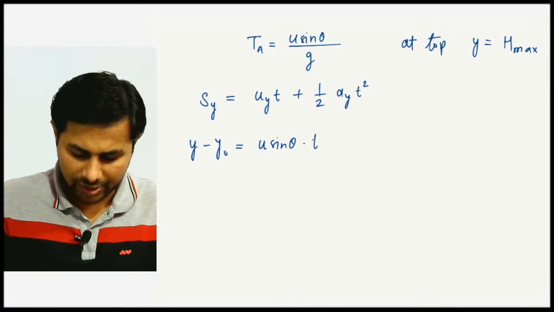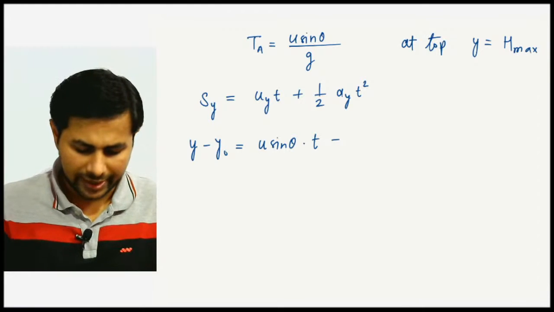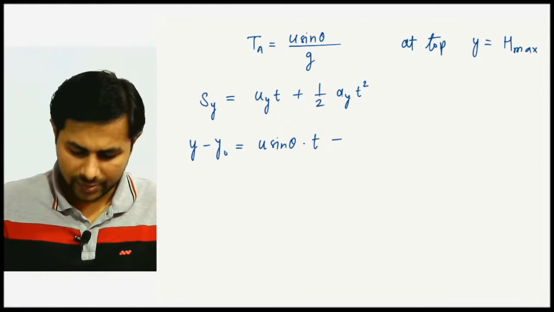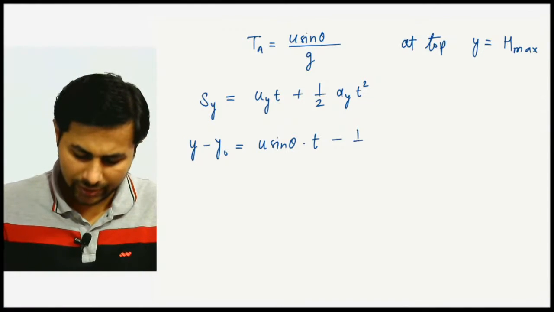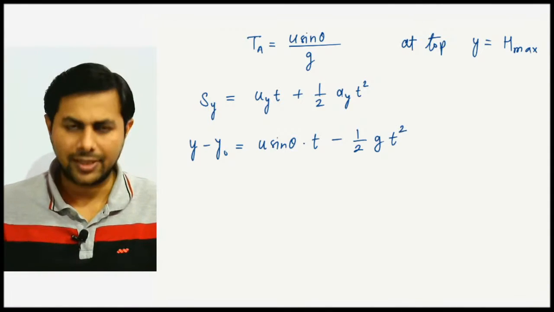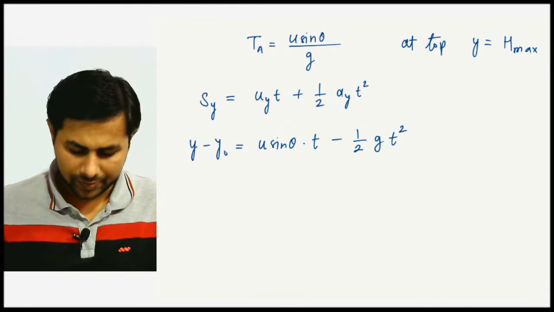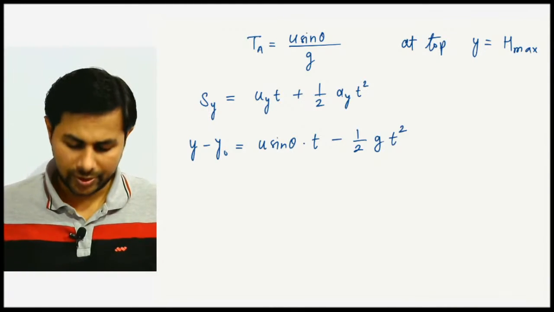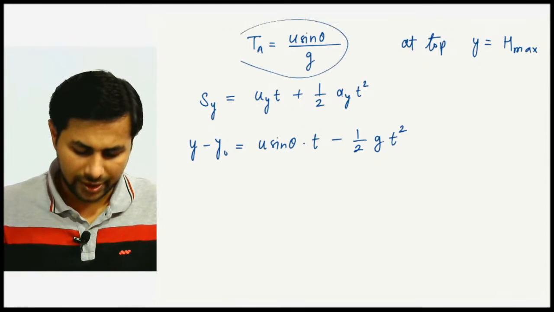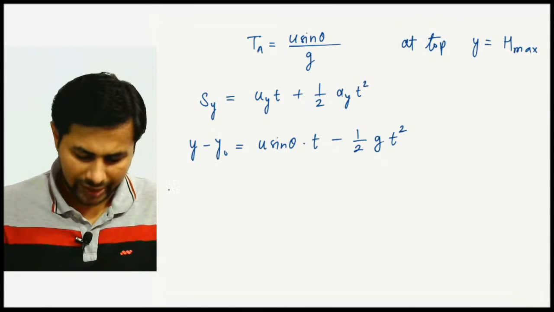Okay, so u sine theta times t plus half of ay times t squared, and ay is minus g, so we have half of g times t squared minus half of g times t squared. So if we substitute t equals Ta, then y becomes h max.